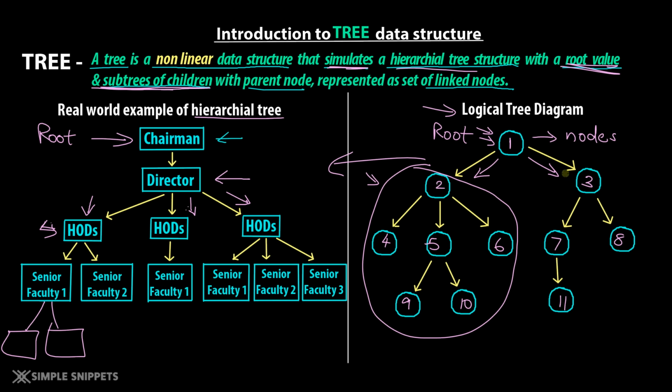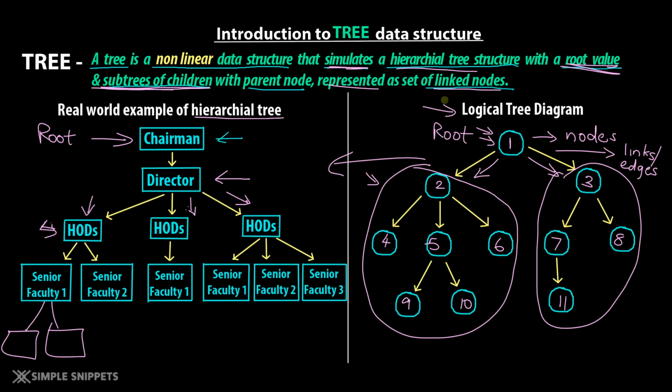So it is a subtree. Similarly, this is also a tree data structure itself. So these are subtrees with a parent node, being the root node over here, and it is represented as a set of linked nodes. These yellow arrows are nothing but links, or they are also called edges. They are linked in a way that they look like a tree diagram.